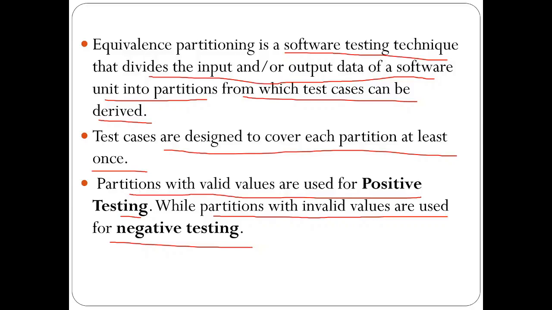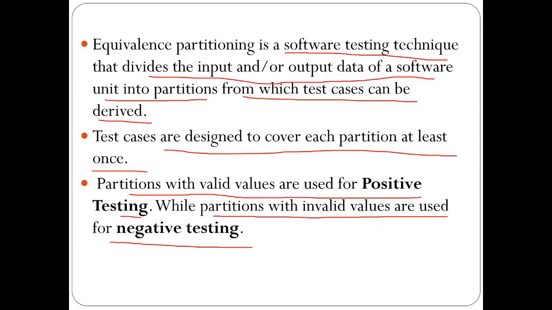And the values which are less than 1 and the values which are more than 10, we consider as invalid values, and they come under negative data. So from these partitions we'll understand which are valid data, positive data, and which are negative data.